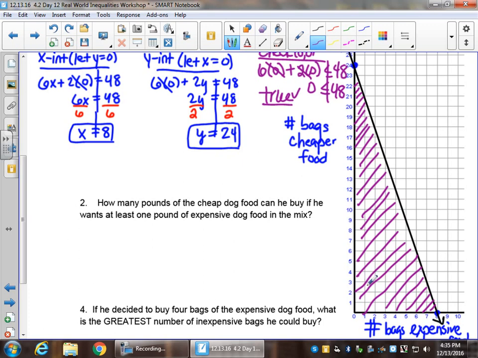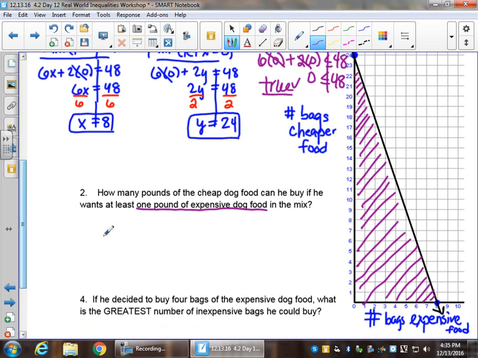How many pounds of the cheap dog food can he buy if he wants at least 1 pound of expensive dog food? So this is the information I know. 1 pound of expensive dog food. Well, this is where defining your variables and labeling helps. Expensive dog food is a value for X. So what we're saying is when X is 1, what's the possible Y value?